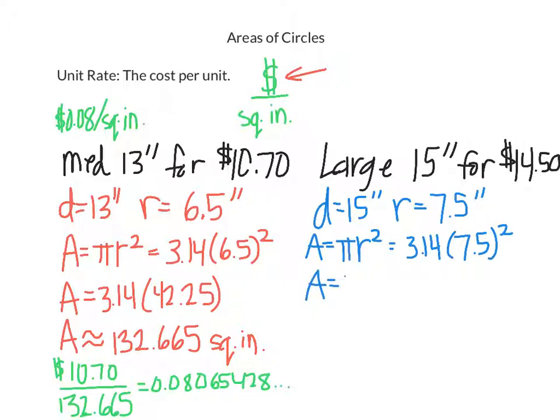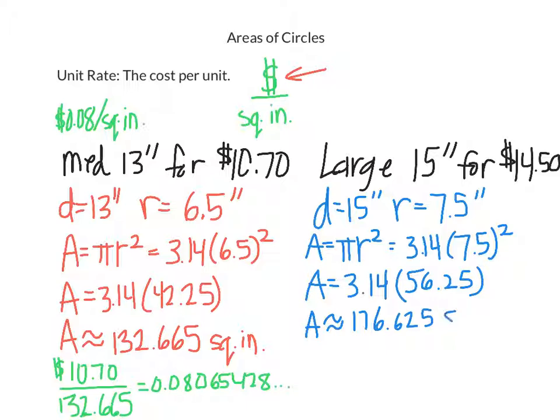So area equals 3.14 times 56.25. And the area is approximately 176.625 square inches.